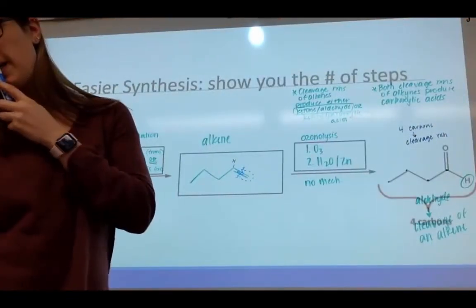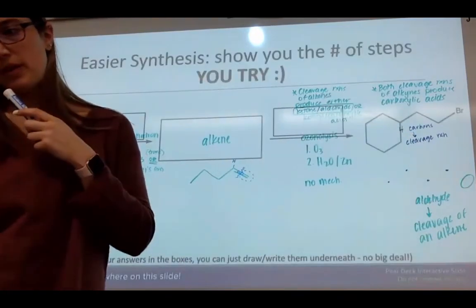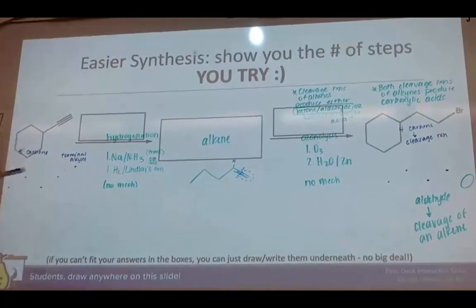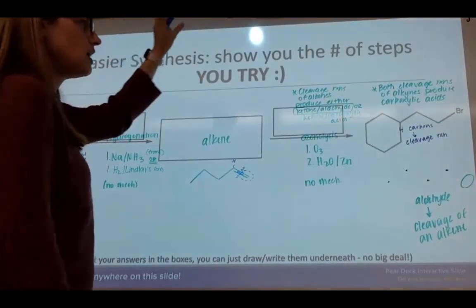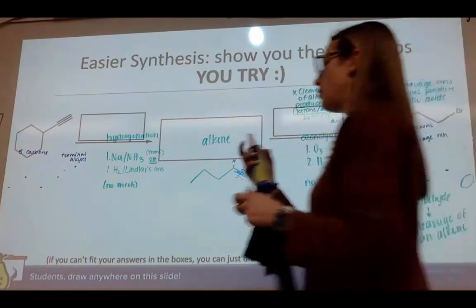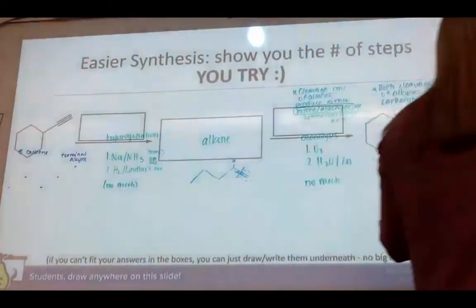On these slides too, it goes through every single step that we wrote up here. But on the next slide, see if you can at least write down what you notice about the starting reactant and the product. So count your carbons, right, what you notice about both, and then we'll talk through this.